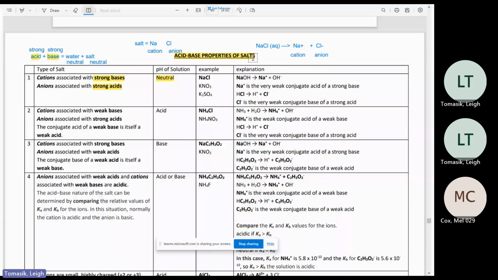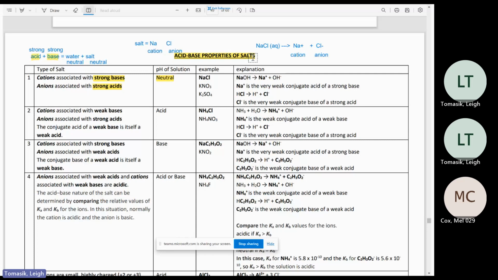Okay, so a cation is a positive ion, and an anion is a negative ion, and a salt is just an ionic compound, right? When we talk about salts, we're talking about ionic compounds, okay? And ionic compounds, you remember, have one part that's a metal and one part that is either a nonmetal or a polyatomic ion, okay?